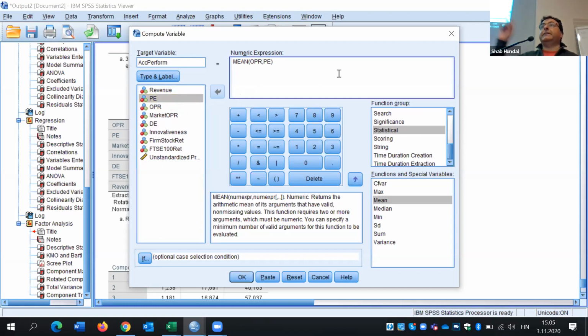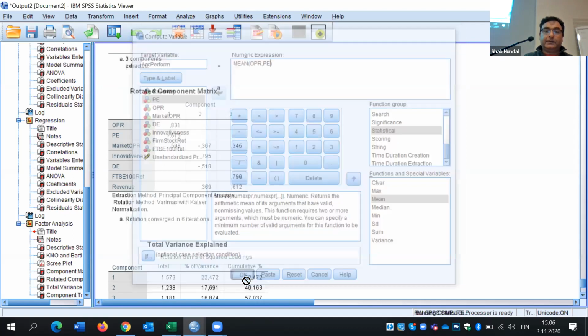Do you remember that in the first construct, number 1, there were 2 variables loading, and those variables were operating profit ratio and price to earning ratio. So what I do, I combine them into one and take the average of the 2. Like we simply do, okay, fine, three courses, 3 marks, okay, take the average. And I call it accounting performance and I click OK. Yeah, and when I click OK, see what?